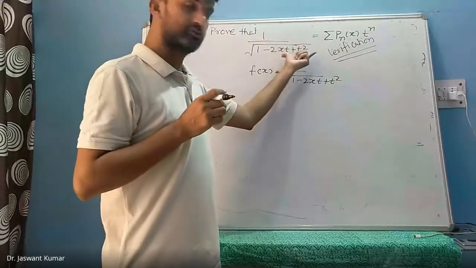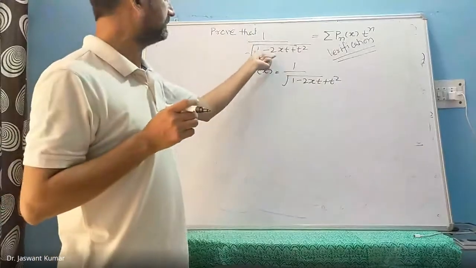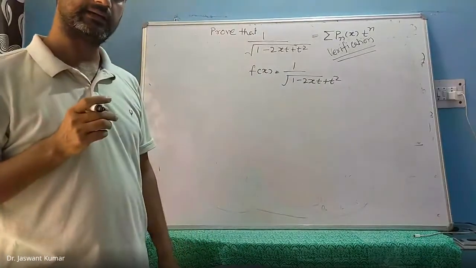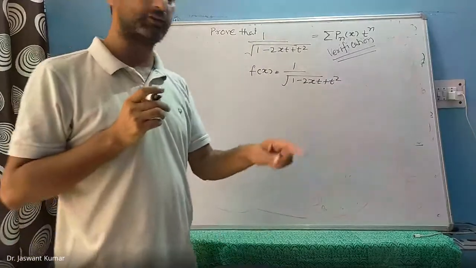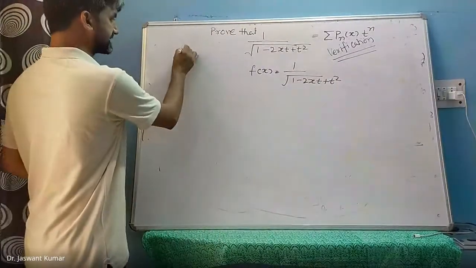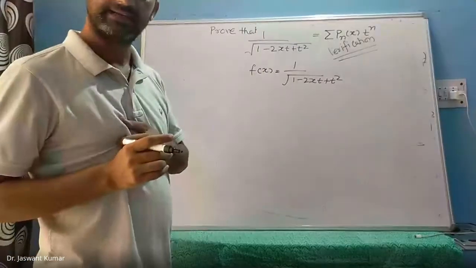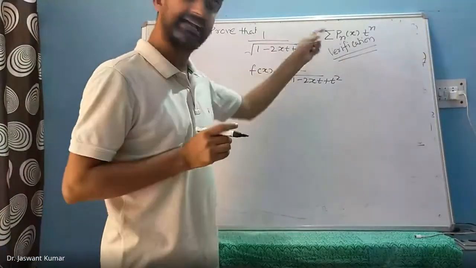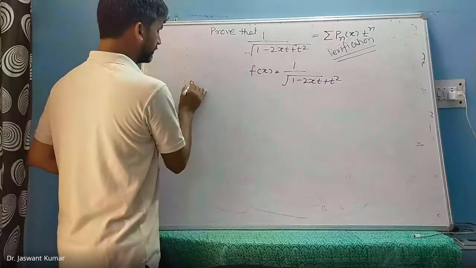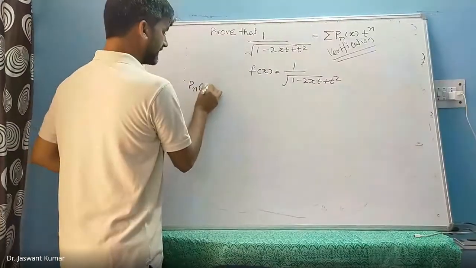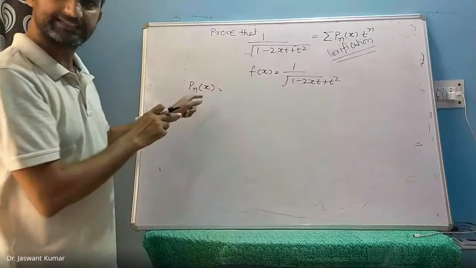If this side is equal to that side, then that will be a generating function. However, you are right, there are some mathematical steps. These steps are also discussed in Arfken and Weber, as to how to arrive at the generating function from a given polynomial.